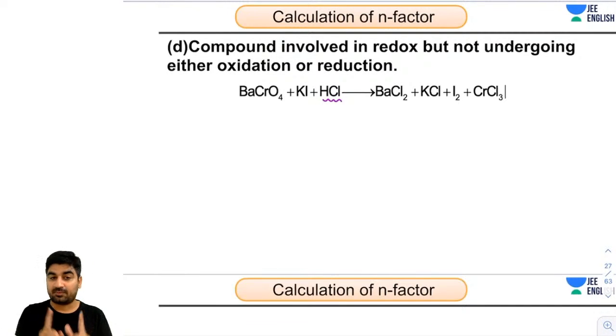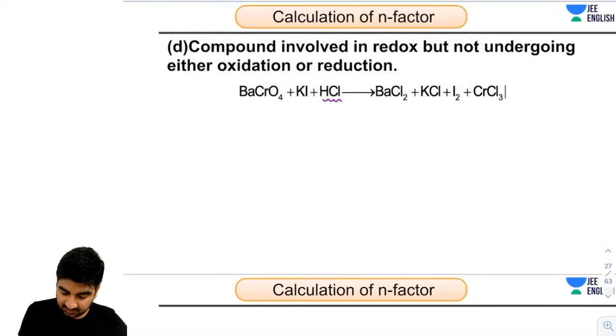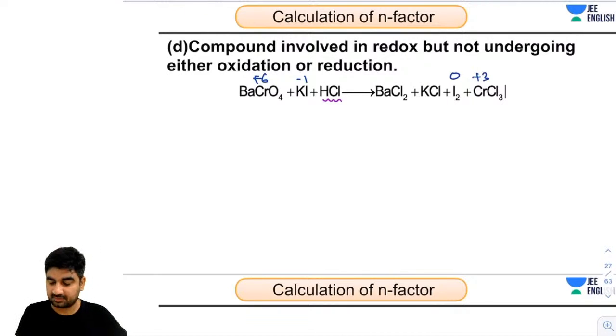So the first thing you have to do is balance this chemical reaction. So how many of you can balance it, guys? Tell me. So just balance this reaction. Here you have -1, here 0, +6, +3, right? So first I will balance it, and then we will see how we can find n factor.